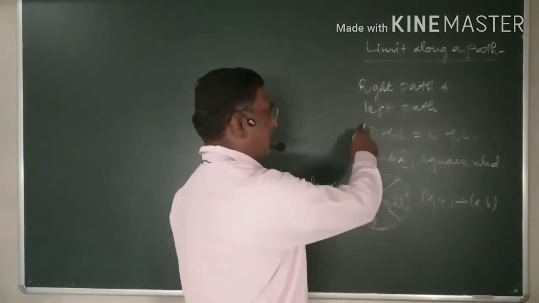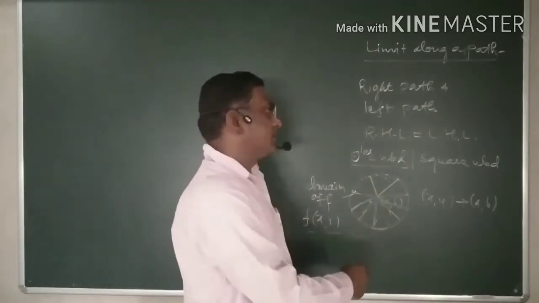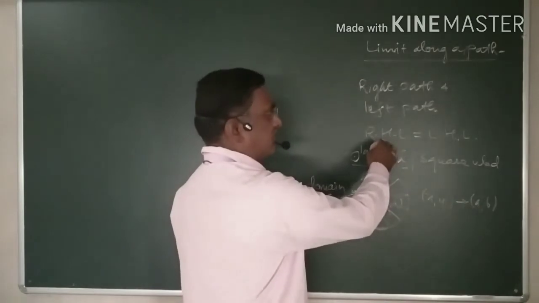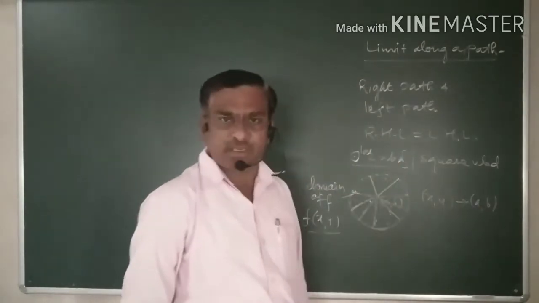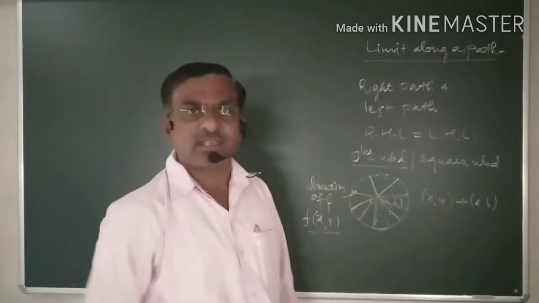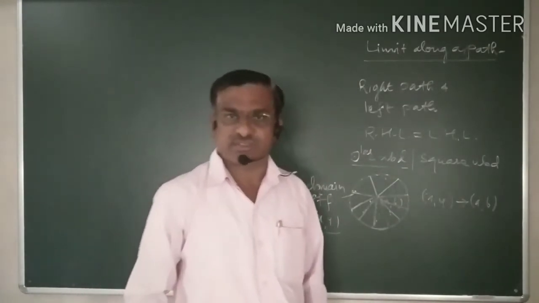and hence as far as the limit of a function is concerned, as in the case of a function of one variable, where the right limit is equal to the left limit, we say that the limit exists.